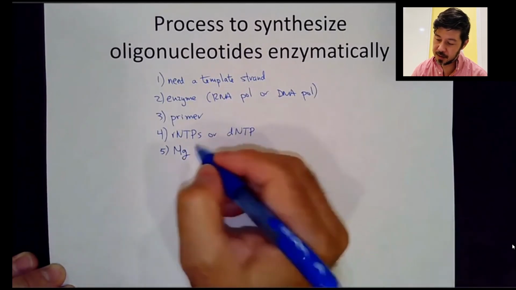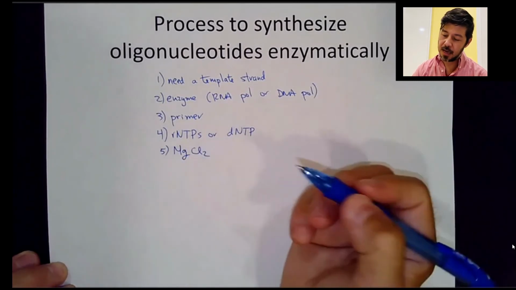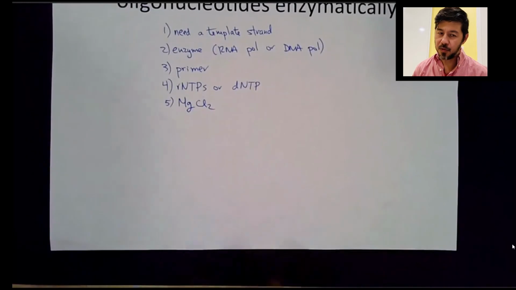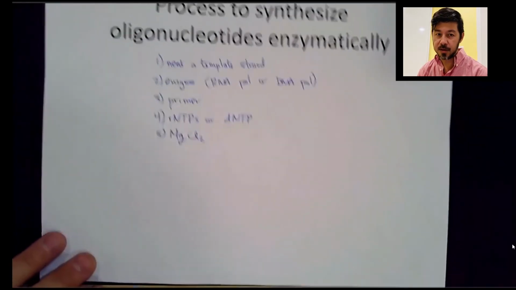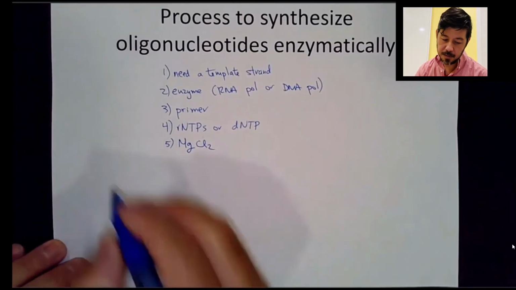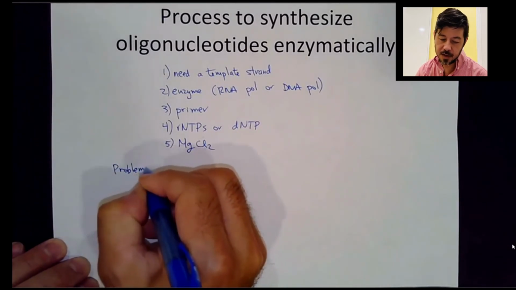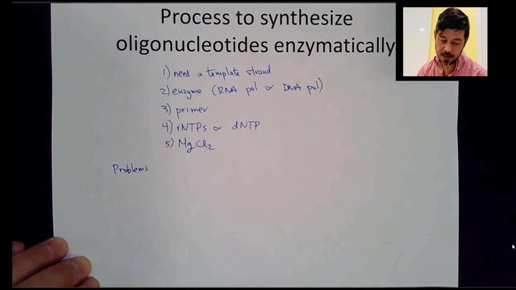So you need to add magnesium, and often the best way is to add magnesium chloride as a salt. All right, so it seems pretty good and pretty efficient, and it certainly is, but there are inherently some problems and disadvantages in synthesizing oligonucleotides enzymatically.